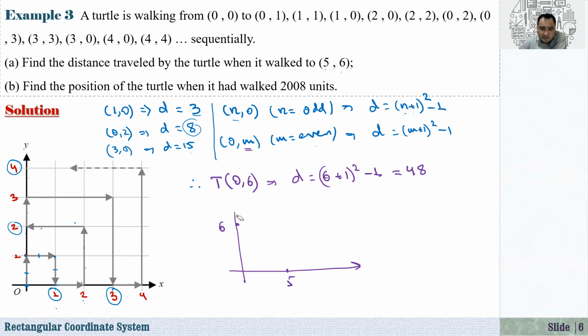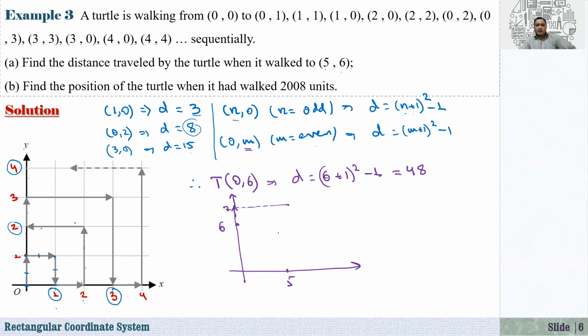So now from 6, just draw a bit longer. And now it moves to here, it is 7. And after that, it moves 5 units to the right. So that will be 5, 7. Okay, no, what is the question here? 5, 6.